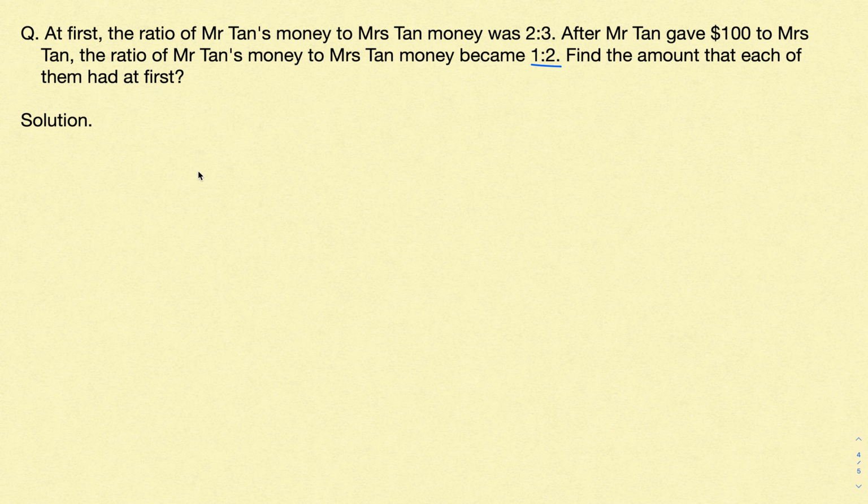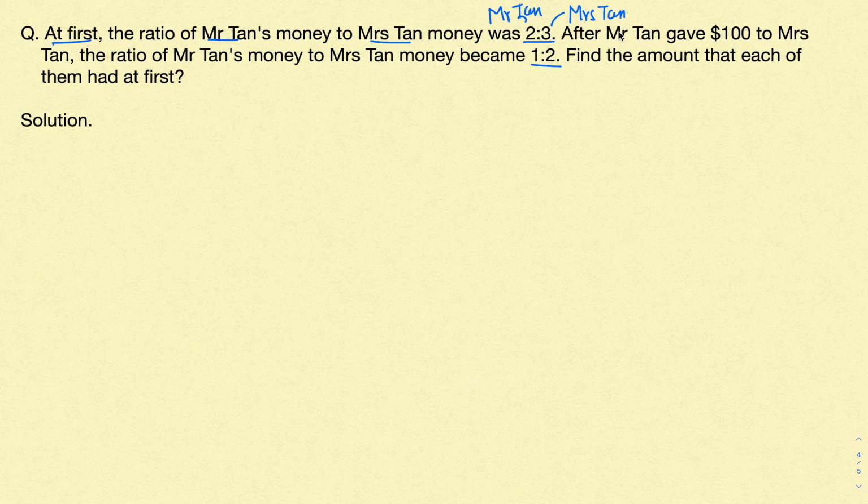Okay, so what we have here is that at first the ratio of Mr. Tan's money to Mrs. Tan's money was 2:3. So basically 2 belongs to Mr. Tan, and 3 belongs to Mrs. Tan, right?